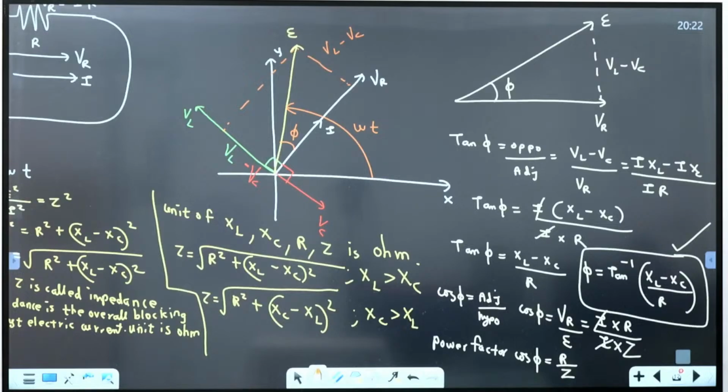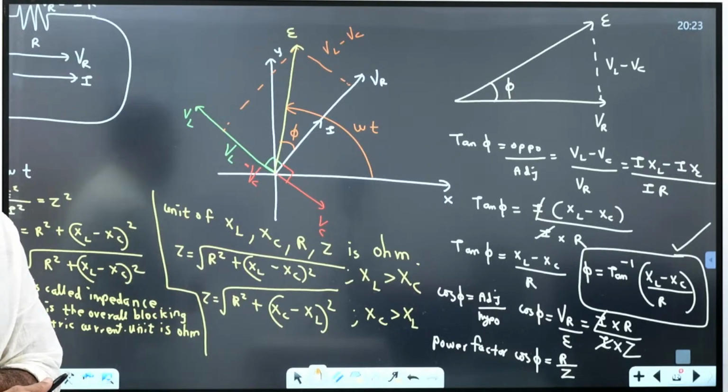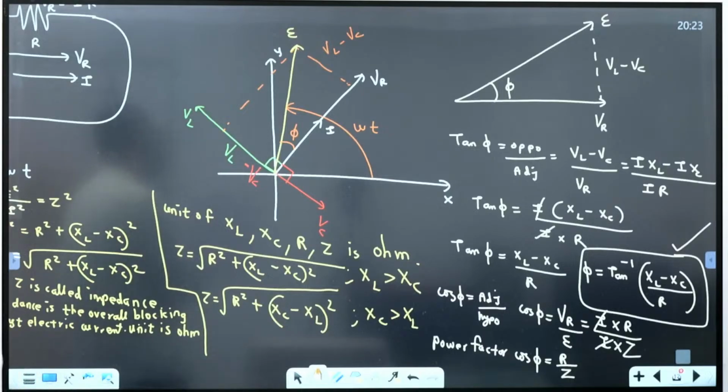Did you note it? Did everyone note it? See, this is the most important point about the AC chapter, the series LCR circuit.